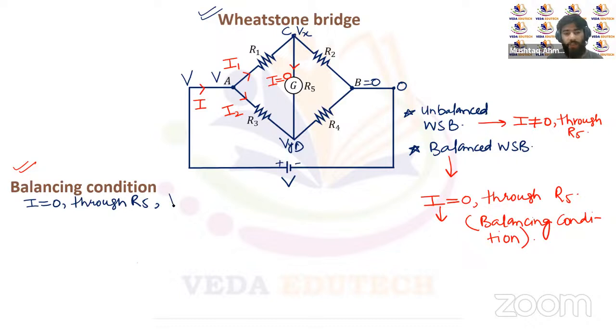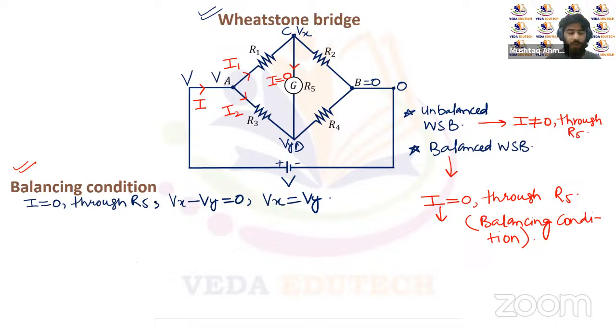It means that Vx minus Vy should be equal to 0. Only in that condition will no current flow through this resistor R5, or we can say that Vx will be equal to Vy, right?